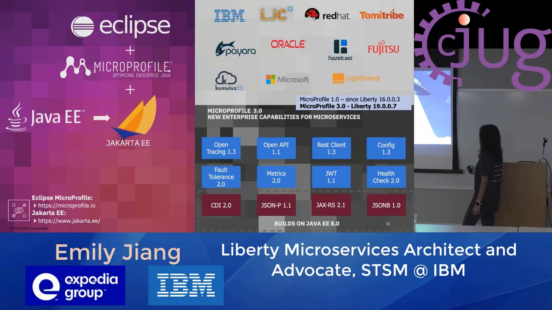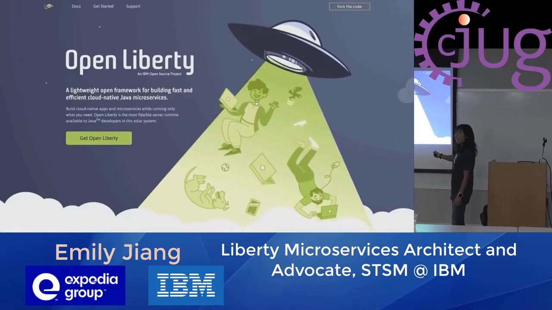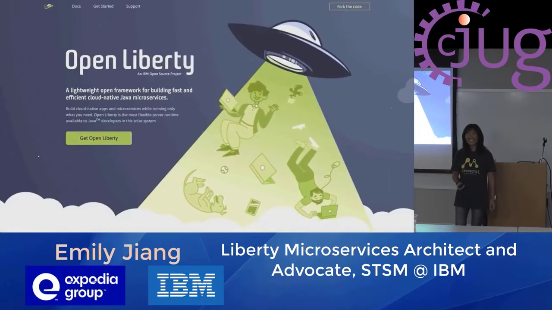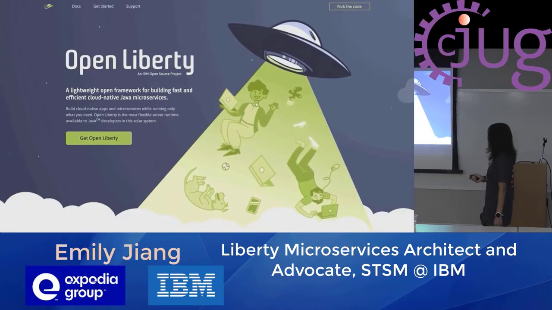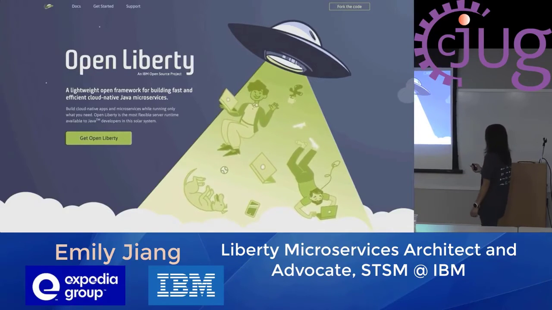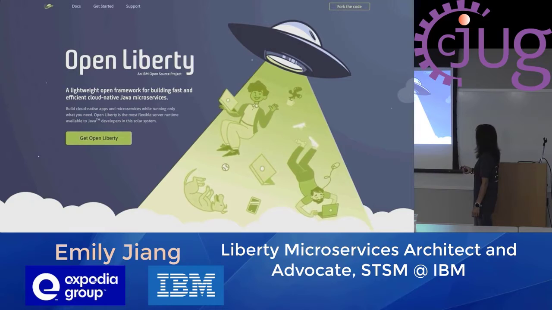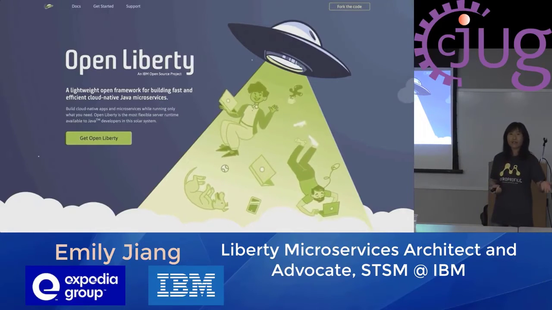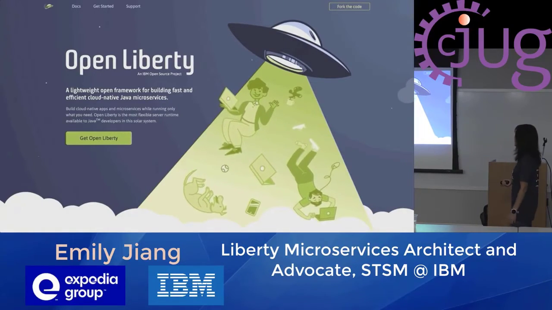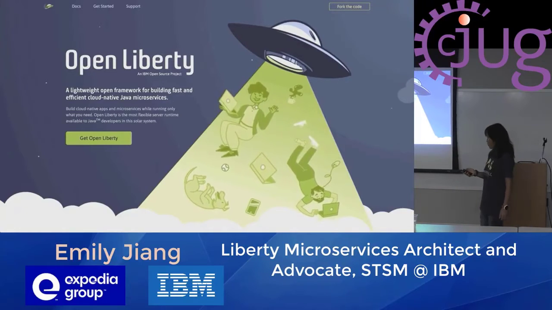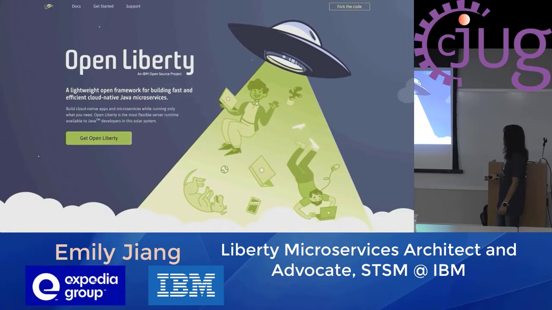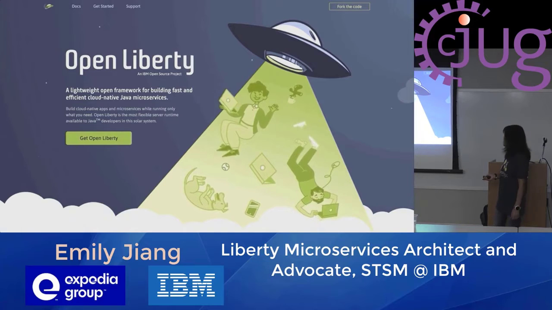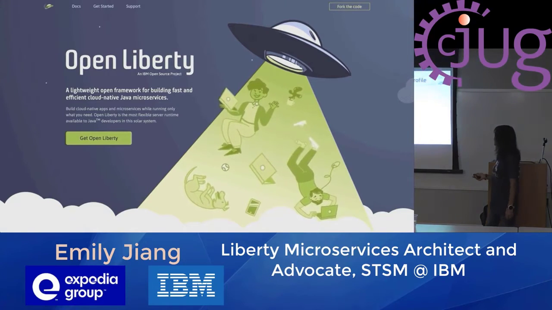So that's our Open Liberty. This logo is really cool. It goes to space, right? Open Liberty is at openliberty.io, and you can download it. It's completely free, and you can use it in production. We welcome any contributions as well. However, you can buy support if you want.